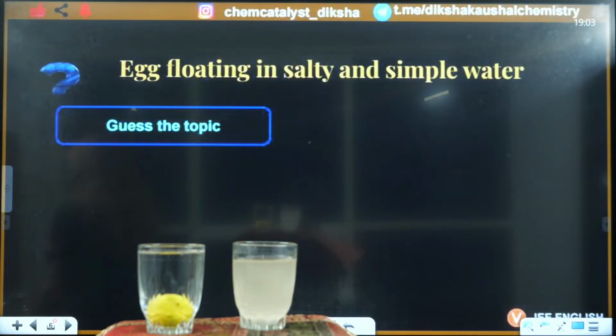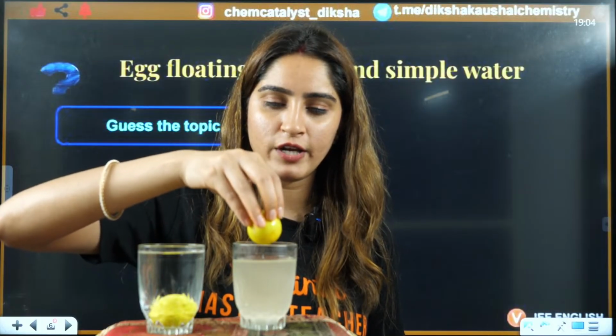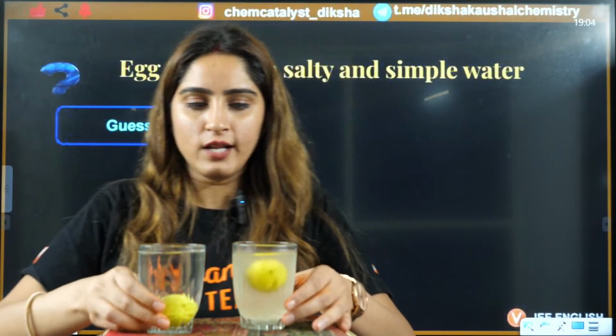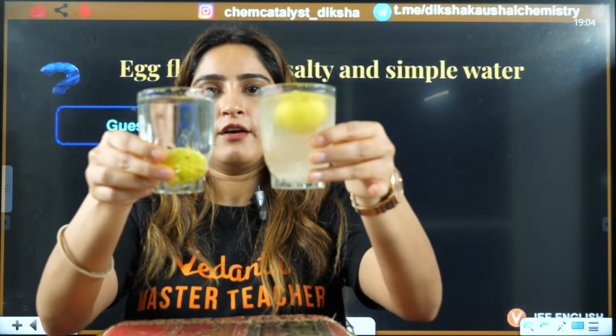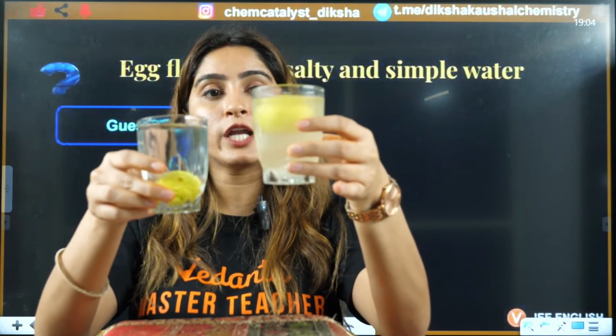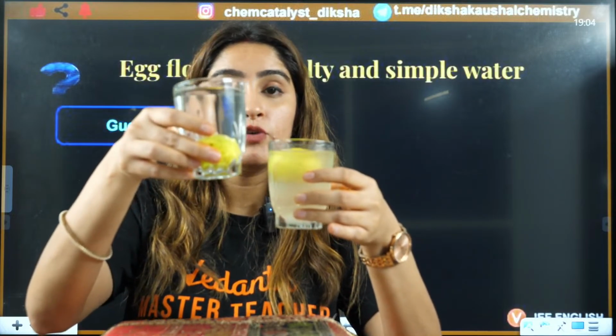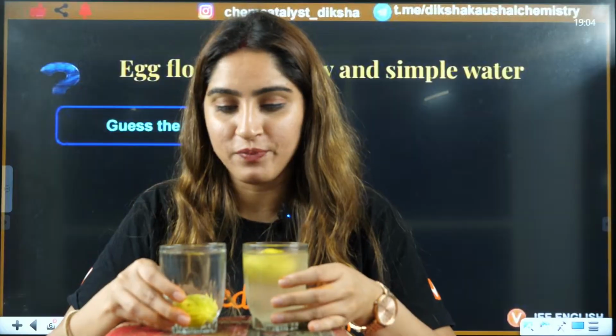You can also do the same thing like this. This is salty water, this is normal water. In the salty water, the lemon will float, and in the normal water, it will dip.